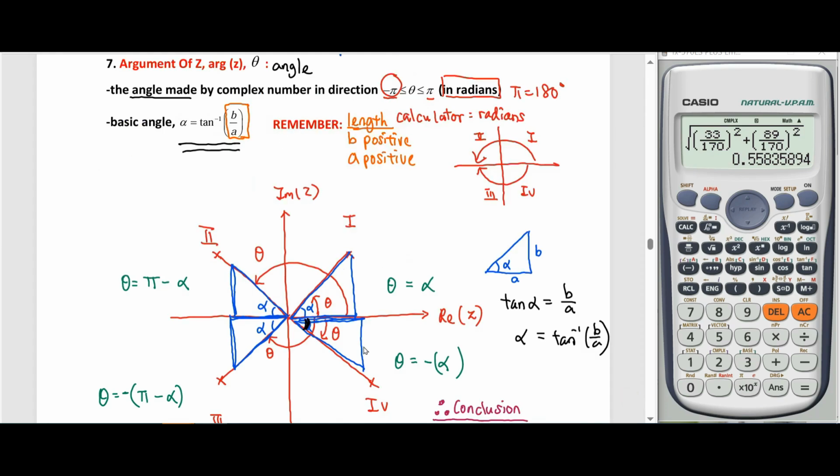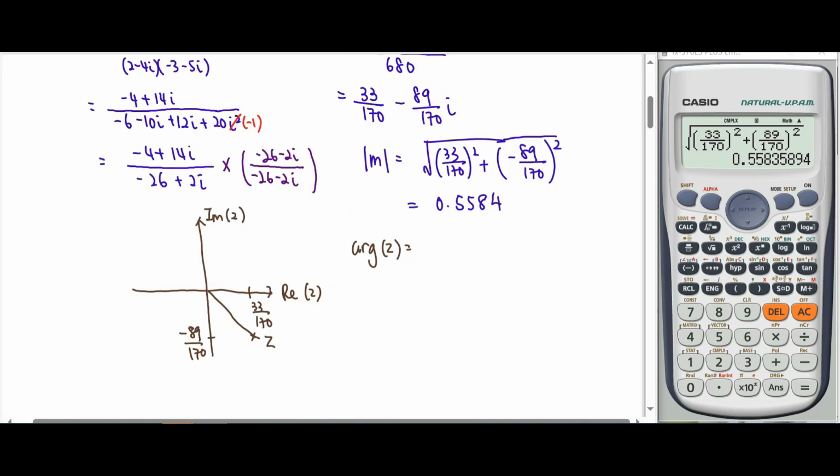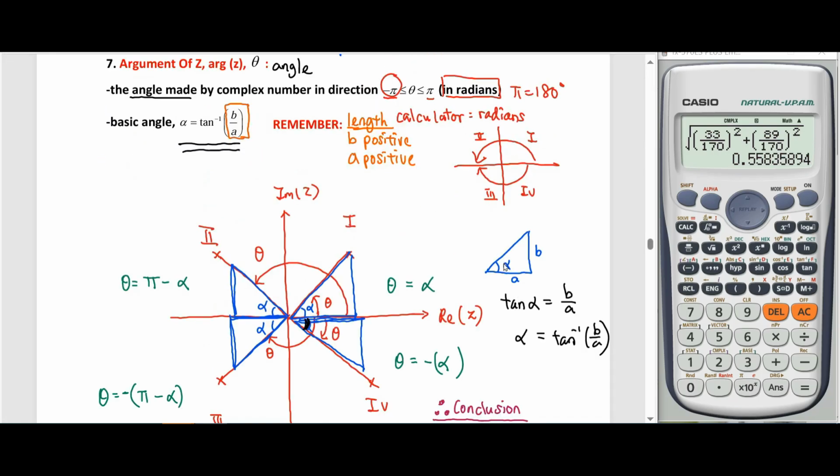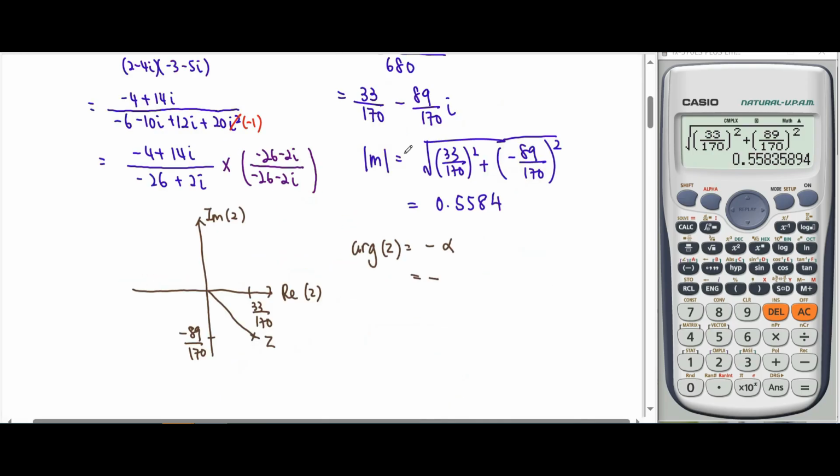If our complex number is in quadrant 4, its argument will be equal to negative alpha. So negative alpha. Alpha is our basic angle. It will be equal to shift tangent inverse of b over a. And b and a here are lengths. Lengths denoted here will be positive values without the negative. So shift tangent inverse of the value of b without the negative over 170, b over a.